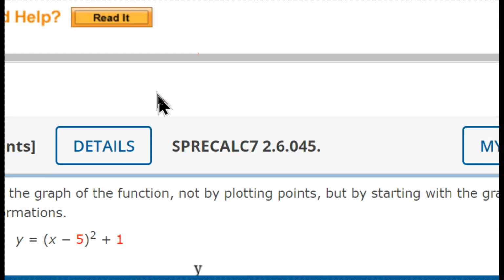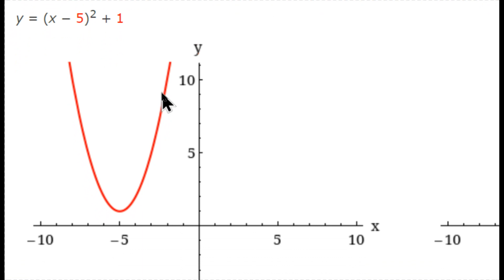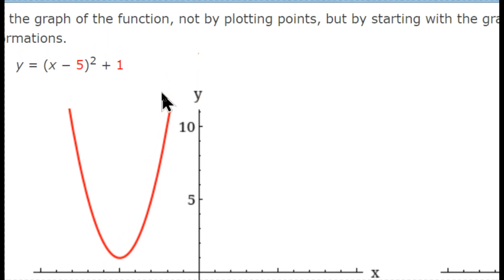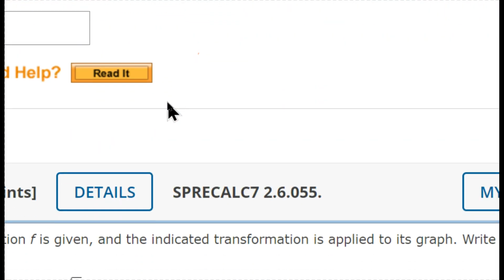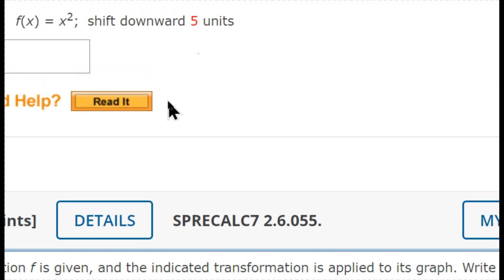Oh, you're not seeing what I'm seeing. Sorry. X minus 5 squared plus 1. It moves to the right 5 units. It moves up 1 unit. And this is transformations. No, not much to it.